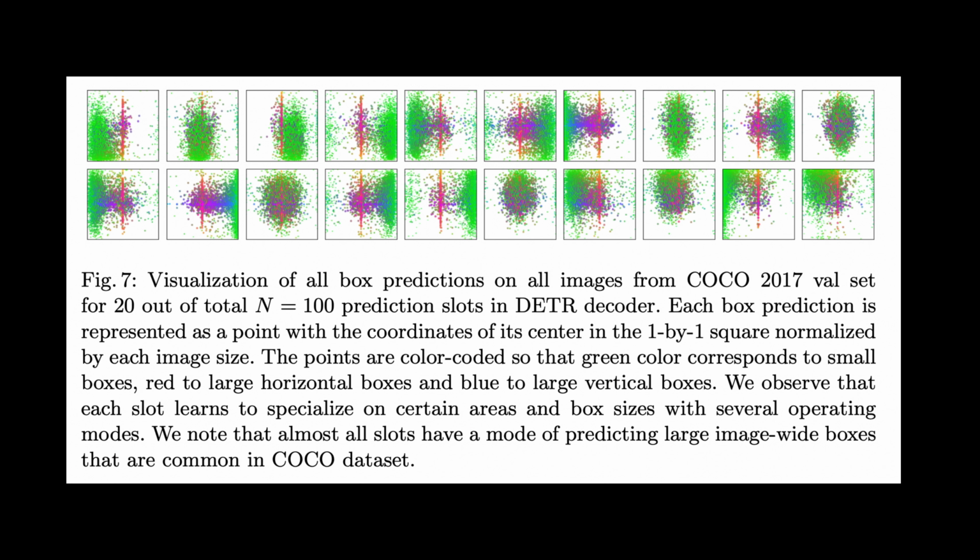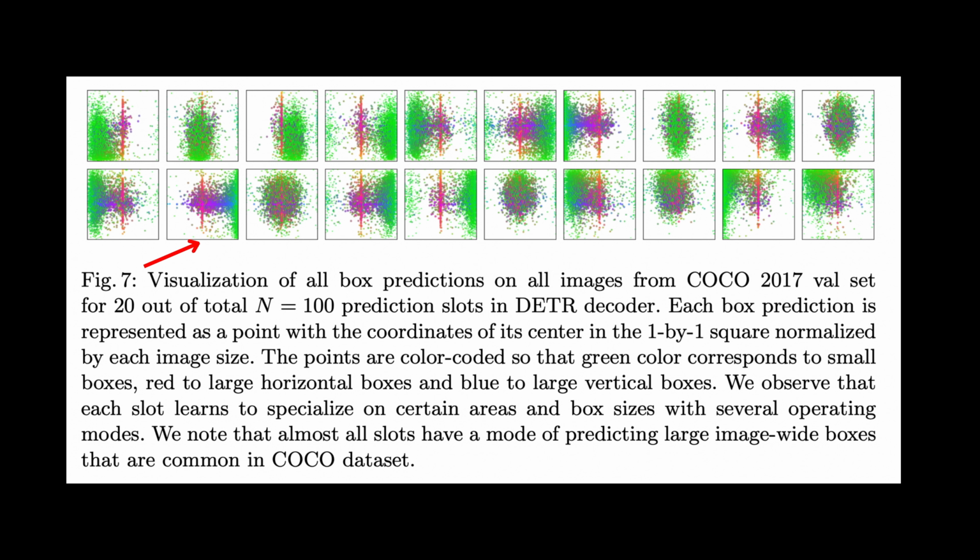Two things are of interest. First, most slots have instances where they predict boxes that are image wide, because that's very common in the COCO dataset. But the more interesting aspect is that each slot learns to specialize in certain regions. For example, notice how this slot predicts most of the boxes that are on the left side.